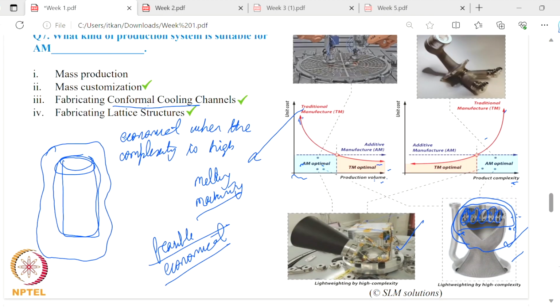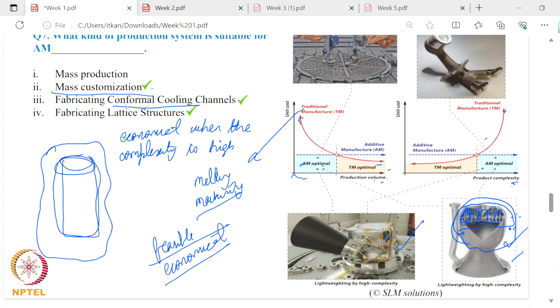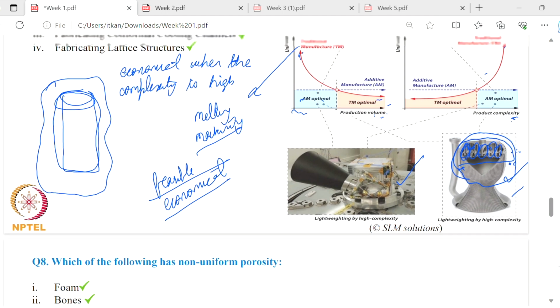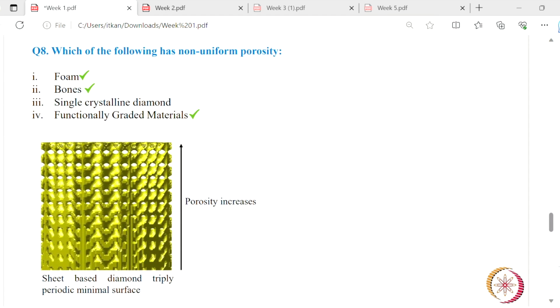Mass customization means when we want a customized product, some person wants an exclusive design, some other person wants some other exclusive design. In that case, when you have to change the design again and again, we can also use additive manufacturing.